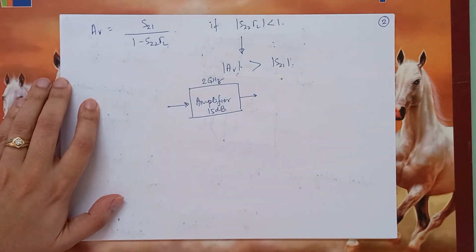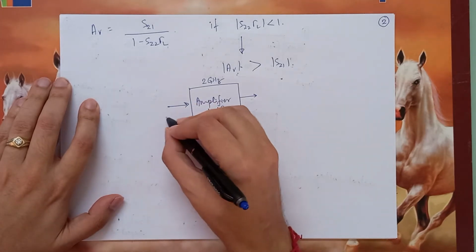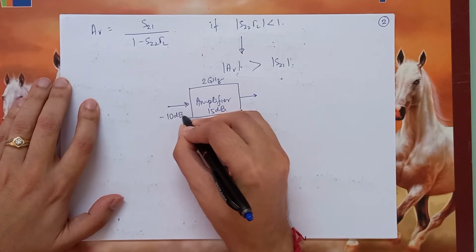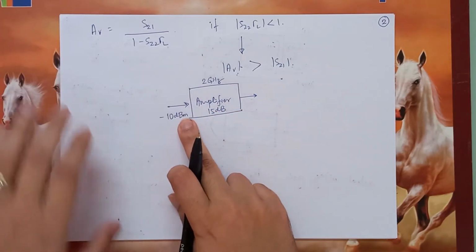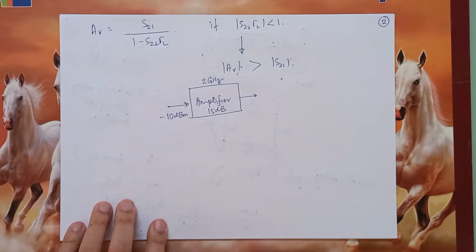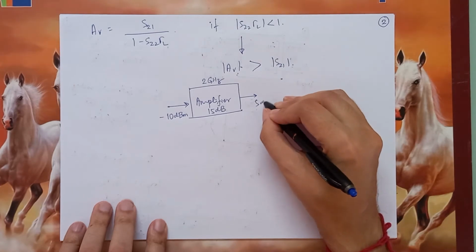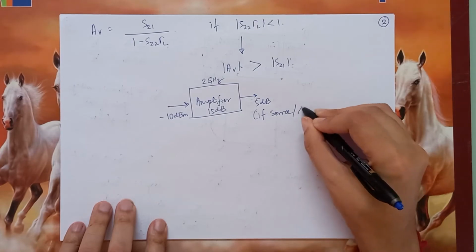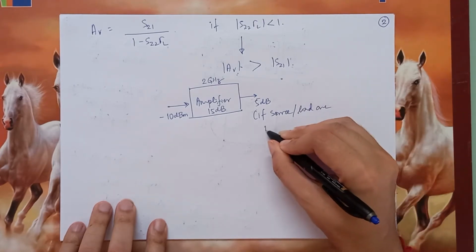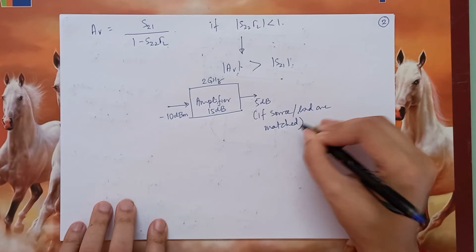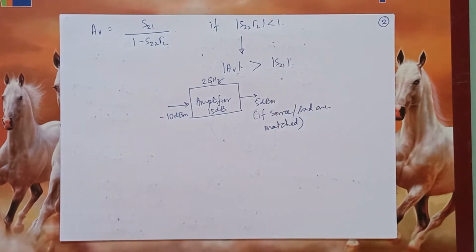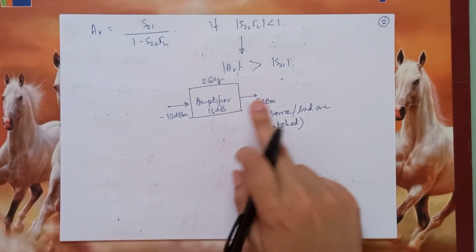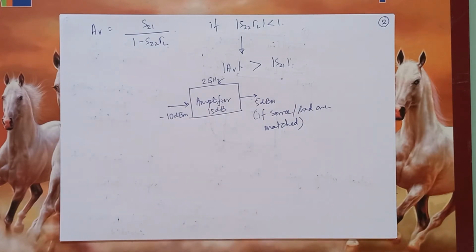So therefore, if I give a wave with an input power of minus 10 dBm, remember dBm is the power in dB with respect to 1 milliwatt, the output power then would be 5 dBm if source and load are matched. dB is the unit of gain and dBm is the unit of power with respect to 1 milliwatt.